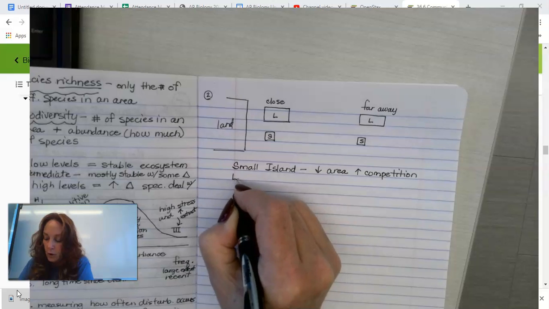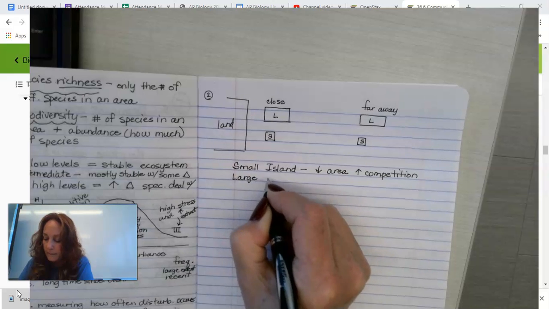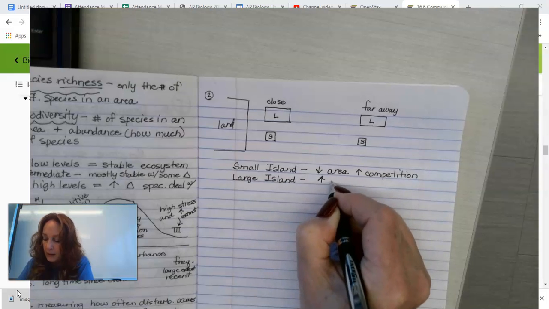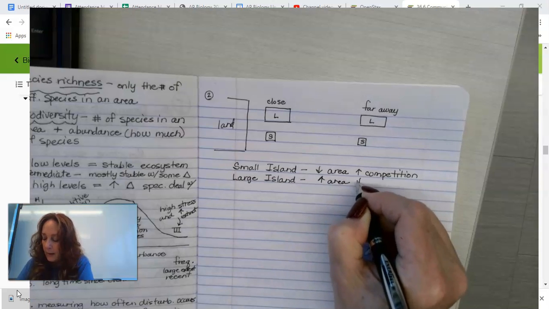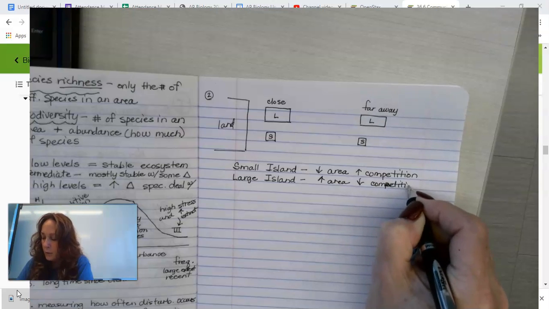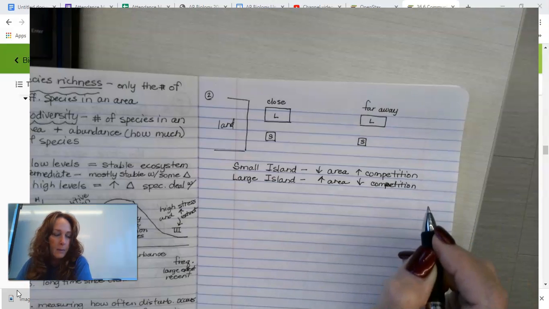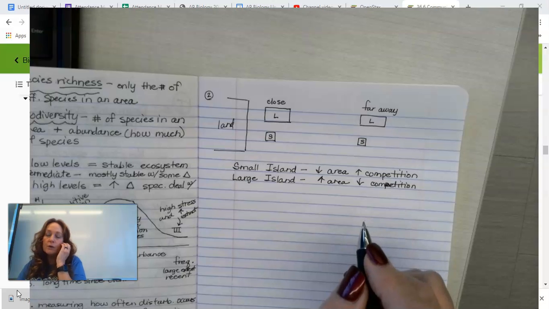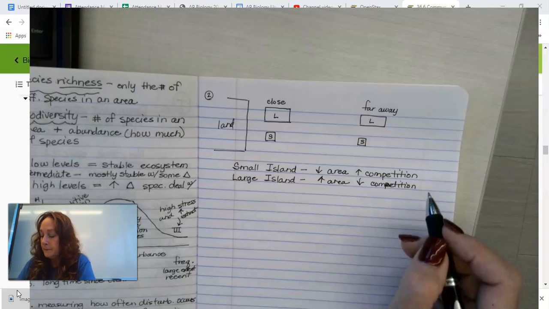If you have a large island, you're going to have more space, and that'll reduce the competition. So now we need to think about some words that are associated with that.